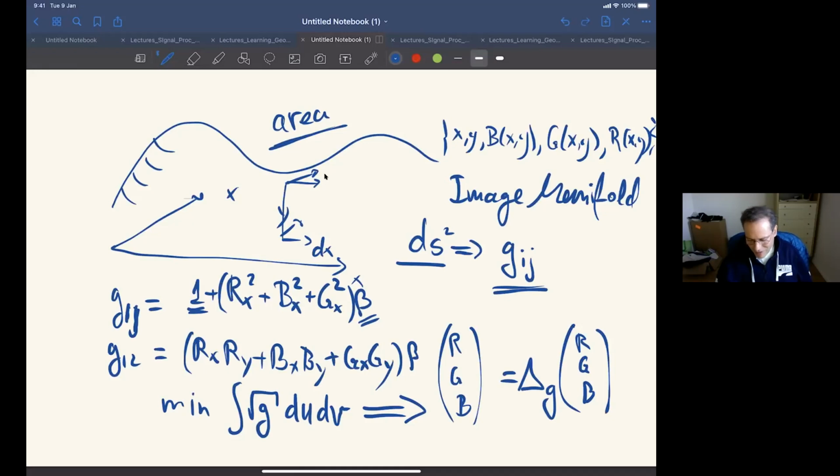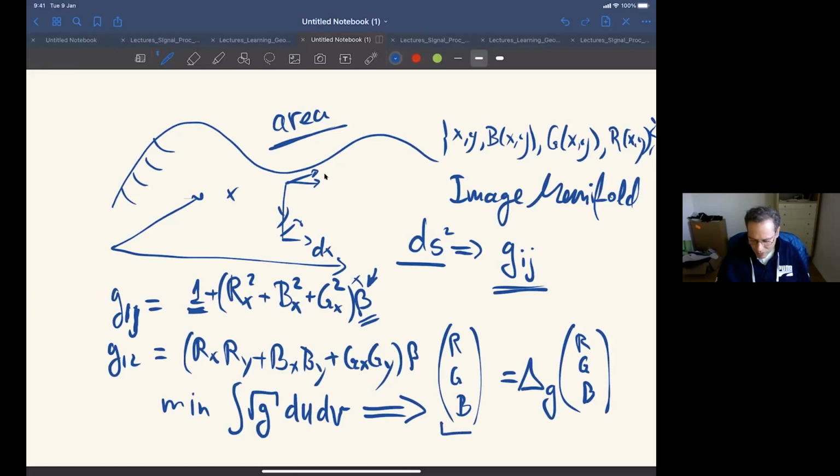If, for example, I would have taken beta to be really, really large, which means that the 1 would have been really small compared to the R, G, and B, then what I'm looking at is a two-dimensional manifold in the RGB space.